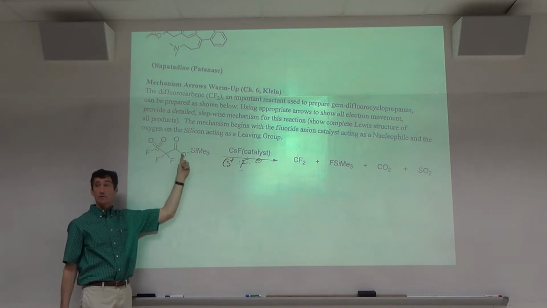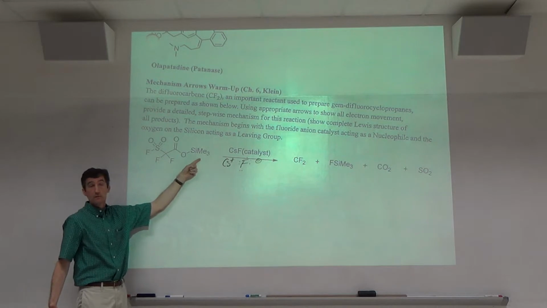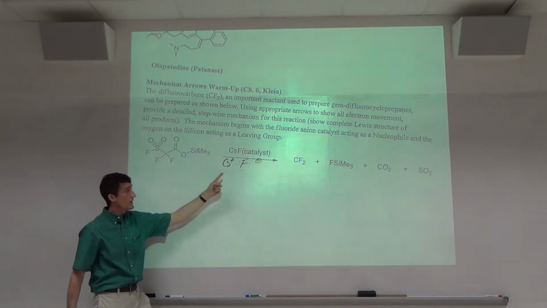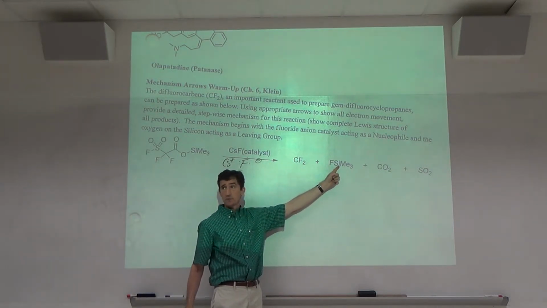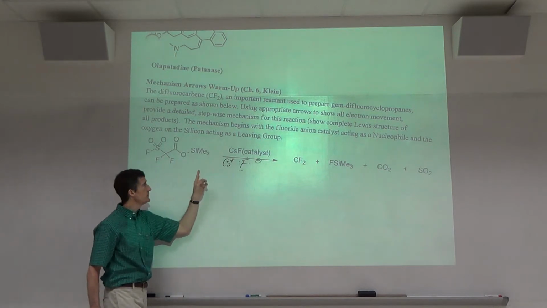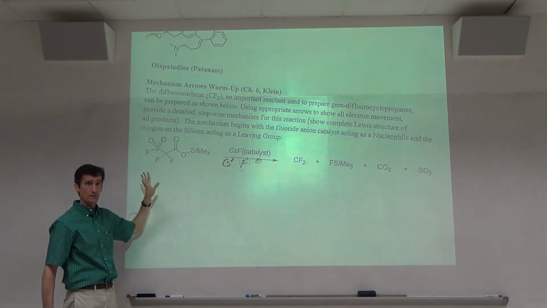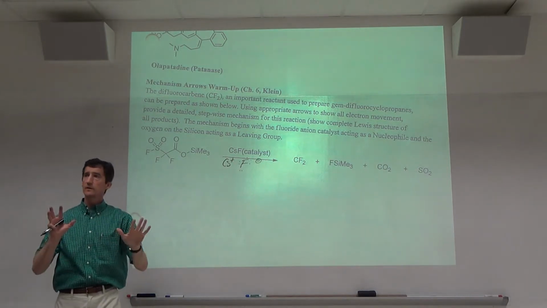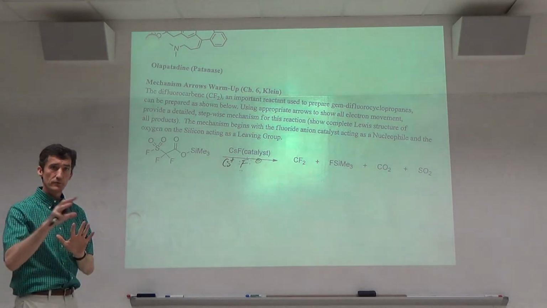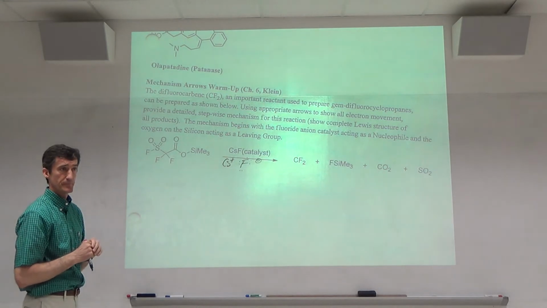Either onto the silicon or the oxygen. But if they're moved onto the silicon, what, as a lone pair? Well, if you do a Lewis structure, the silicon doesn't have a lone pair. So they need to be moved on to where? Actually, the oxygen. Basically, you just see where the electrons need to move, and you do it with your arrows.